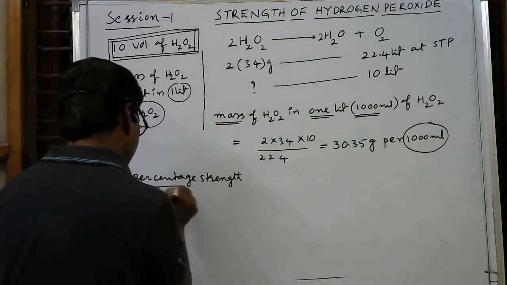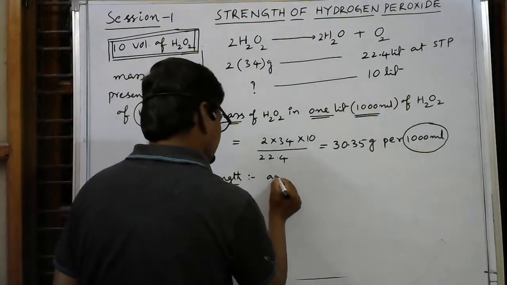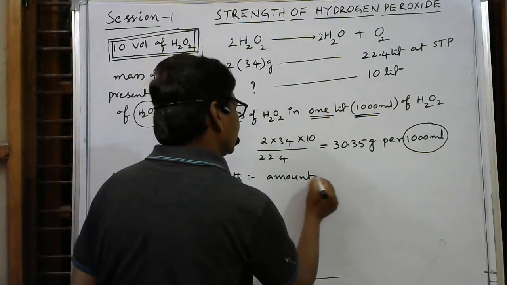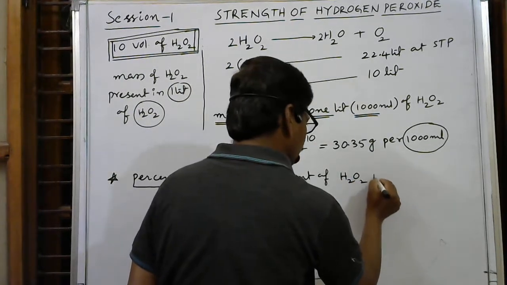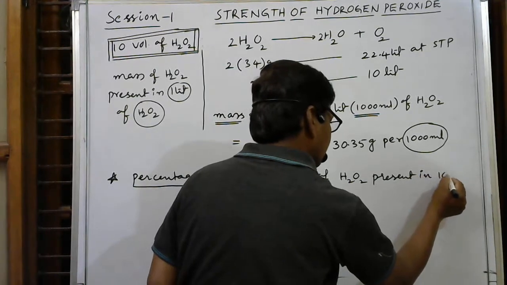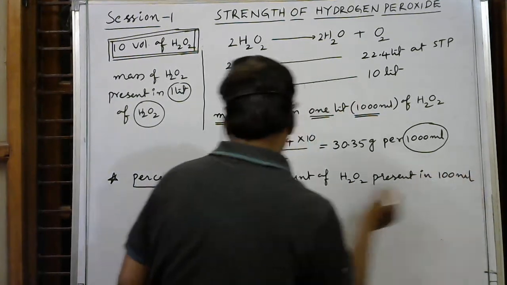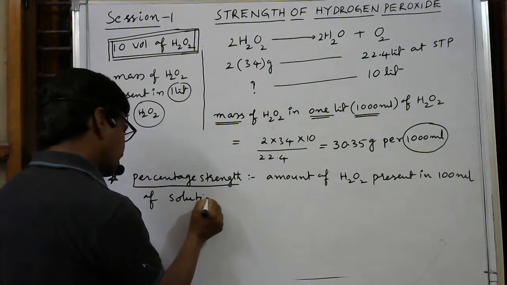Percent means per 100. So percentage strength is nothing but the amount of H2O2 present in 100 ml of solution.